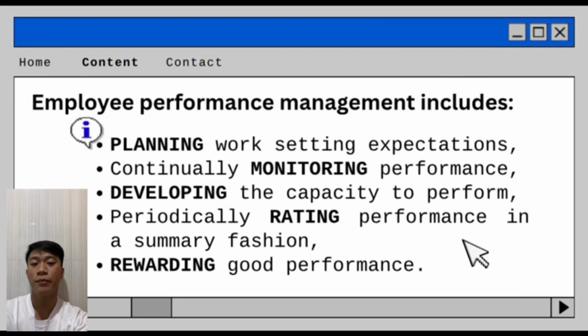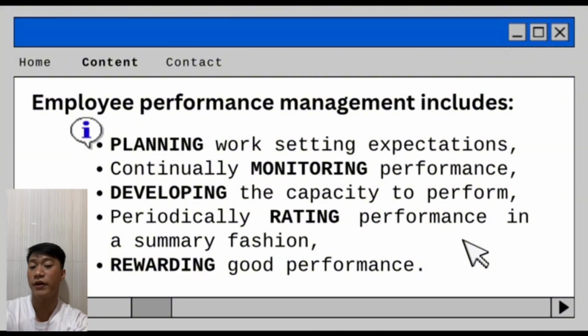Next, we have employee performance management, and it includes planning and expectations: define clear goals and what success looks like. Next is monitoring: keep track of progress with regular check-ins and feedback. Third, we have development: provide training and resources so employees can hit targets.